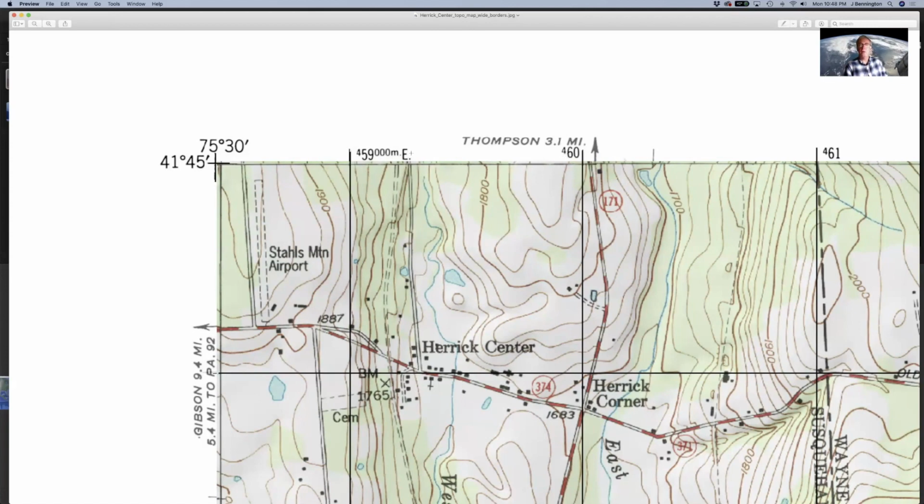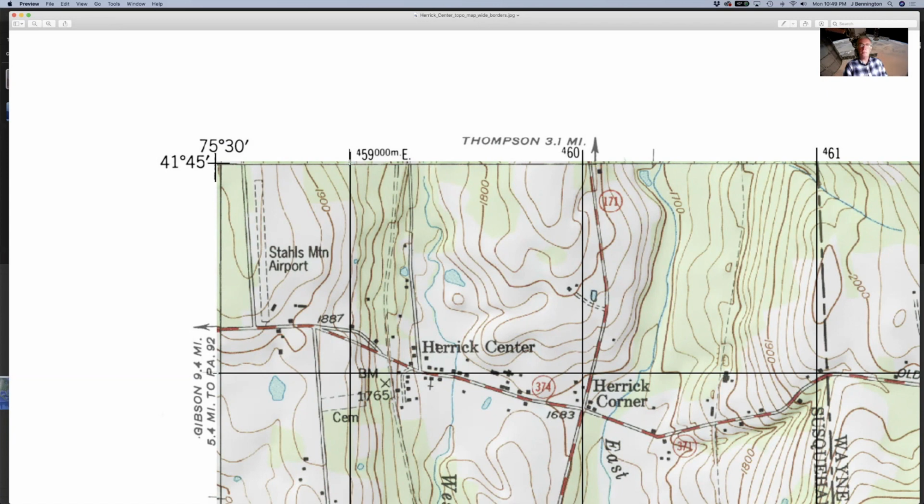So when UTM coordinates are noted on these maps, except for the upper left and lower right of the map, they leave off the last 3 zeros. So you would read this number as 460,000, the next coordinate as 461,000. So with UTM, you're not measuring in degrees, minutes, or seconds. You are measuring in thousands of meters. So it is 1,000 meters from this line to the next line.